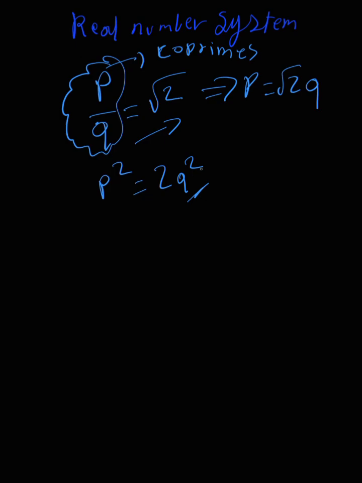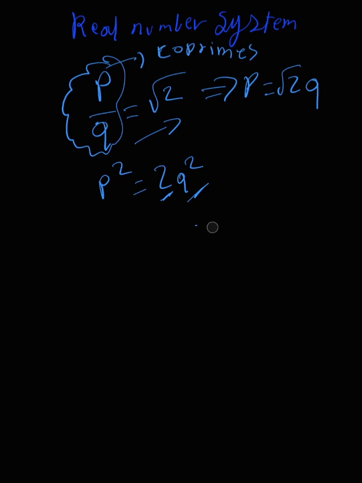So q square also won't be divisible by 2. If q square isn't divisible, that means 2 only divides p square, because there are two factors here, 1, q, and this itself. So what this means is that 2 divides p square. If p square is divisible by 2, p is also divisible by 2. Okay, so p is also divisible by 2.